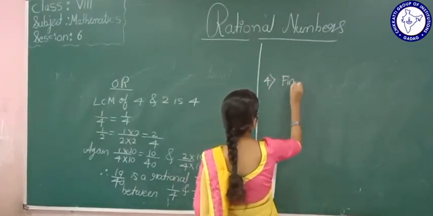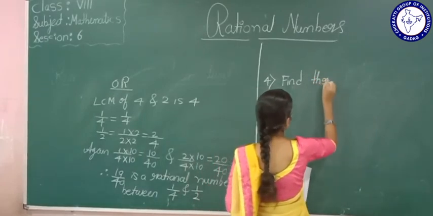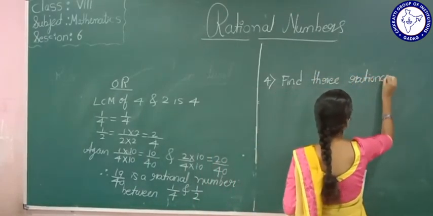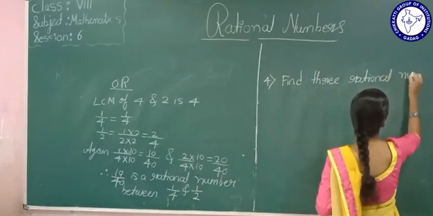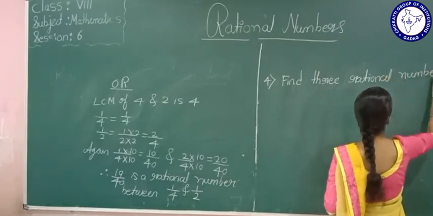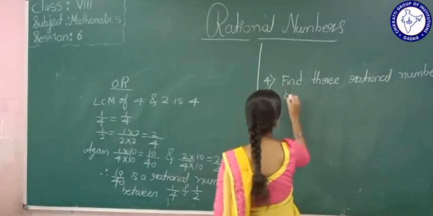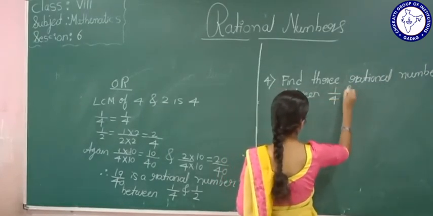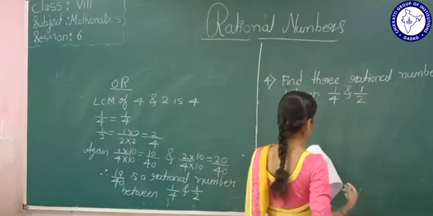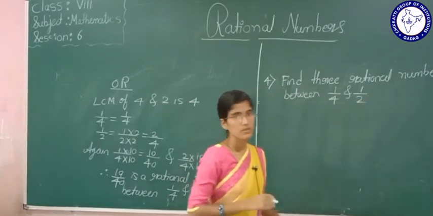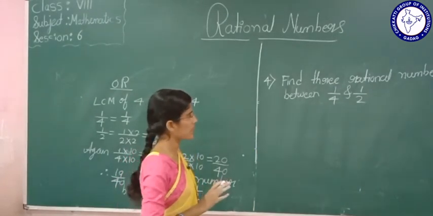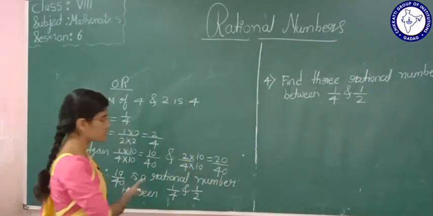Find 3 rational numbers between 1 by 4 and 1 by 2. If you want, you can go for the mean method also. Otherwise, we can follow this method only.